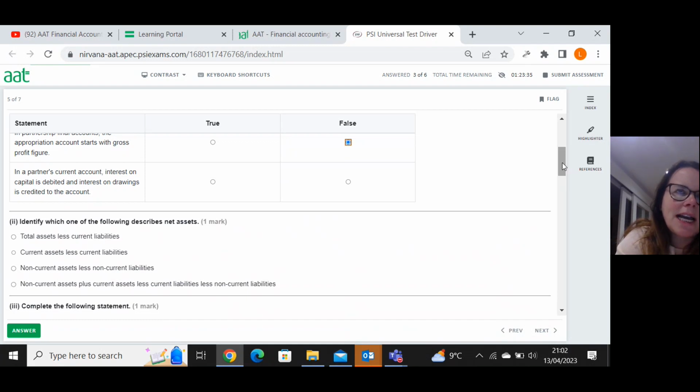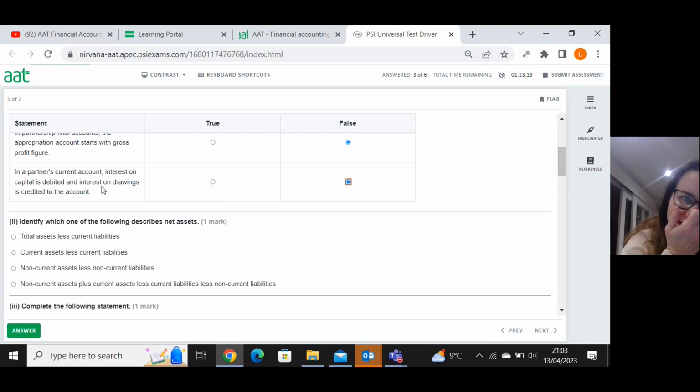Interest on capital is where the partner is rewarded for investing in the partnership. So that's money that's owed to the partner and therefore should be credited. Interest on drawings, around the wrong way, so false.